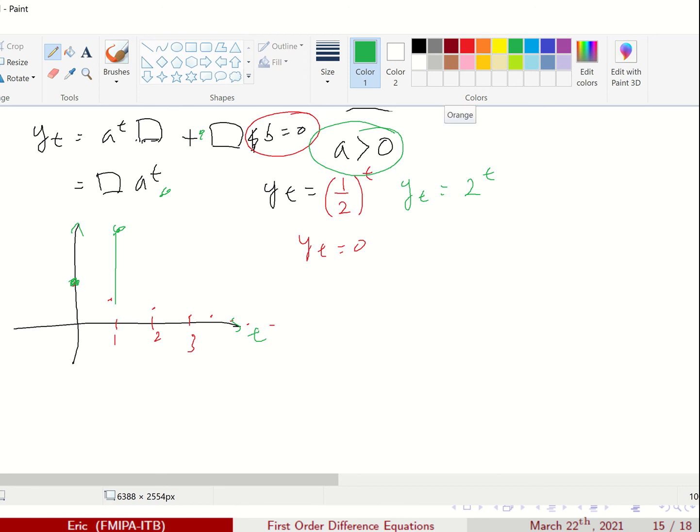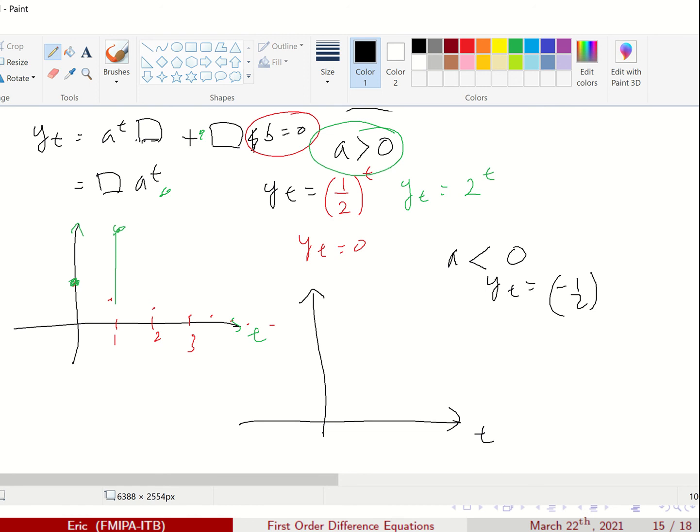What about the case of a less than 0? Let's see. This is t, this is y_t. So I choose minus a half to the power of t. When t is 0, you have 1. When 1, you have minus a half.